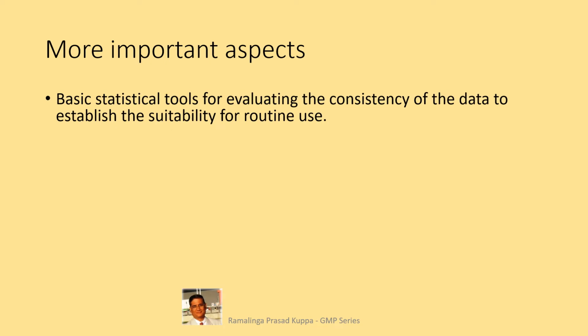Basic statistical tools for evaluating the consistency of the data to establish the suitability for routine use. There are so many statistical tools for evaluation of various types of data. For analytical method validations, there are a few important tools.